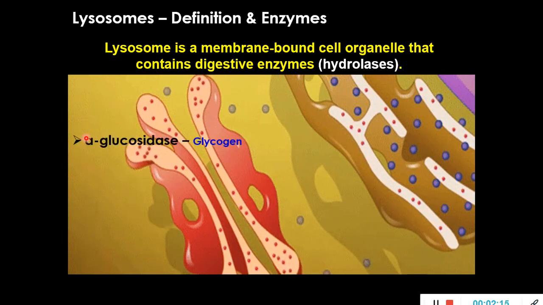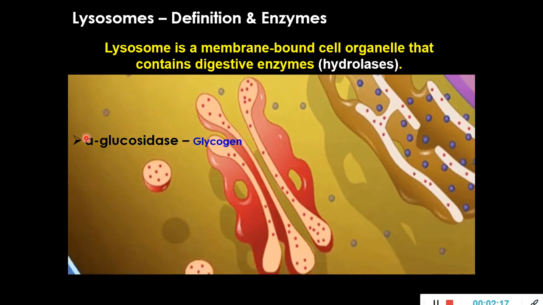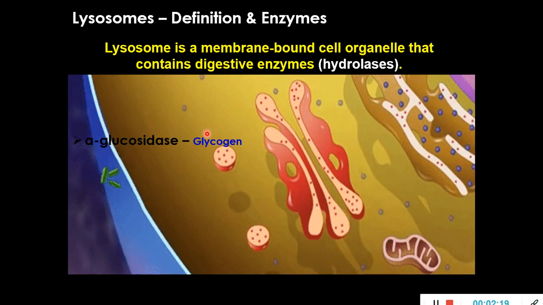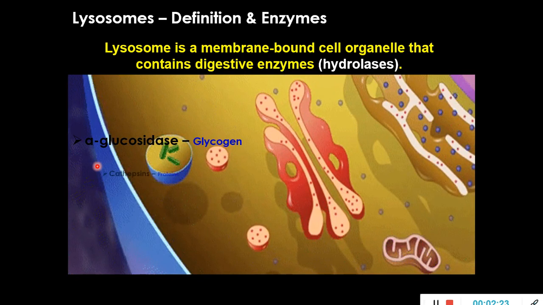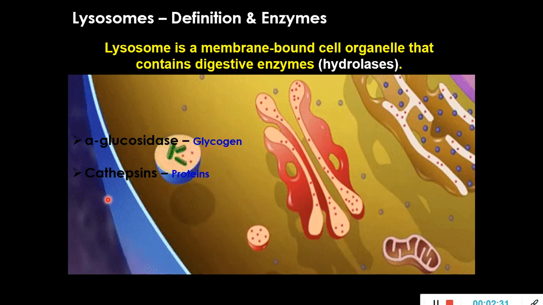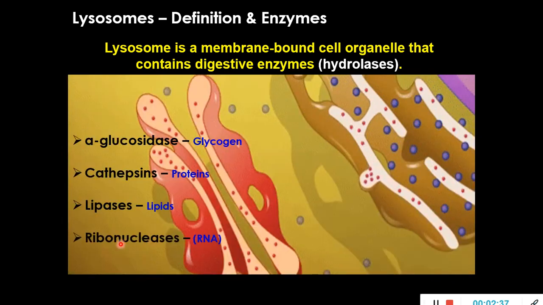Number one, glucosidase enzyme which can digest glycogen or carbohydrates. Number two, cathepsins which can hydrolyze proteins. Then lipases which can digest lipids, and ribonucleases which can digest nucleic acid, specifically RNA. That's why the lysosomes contain this many enzymes.